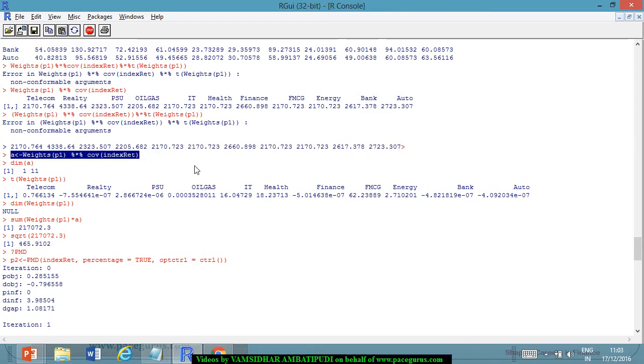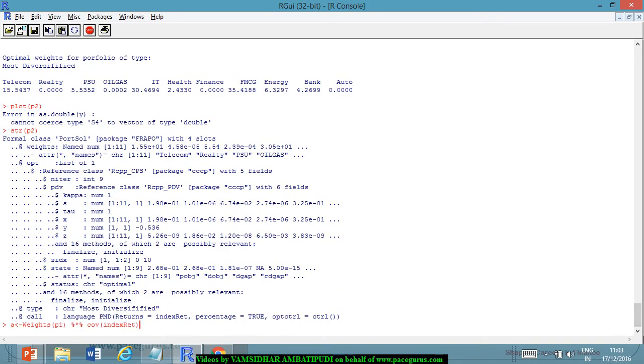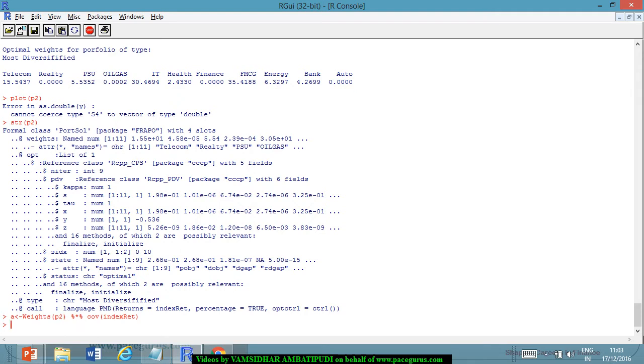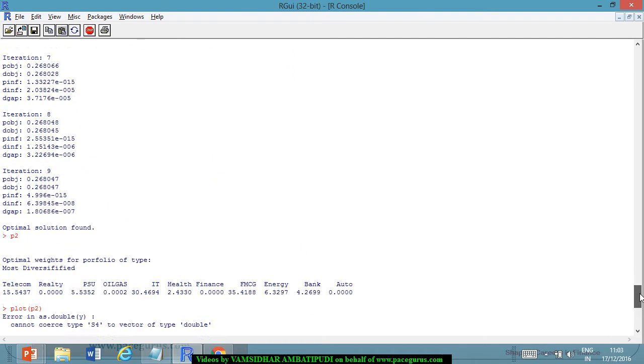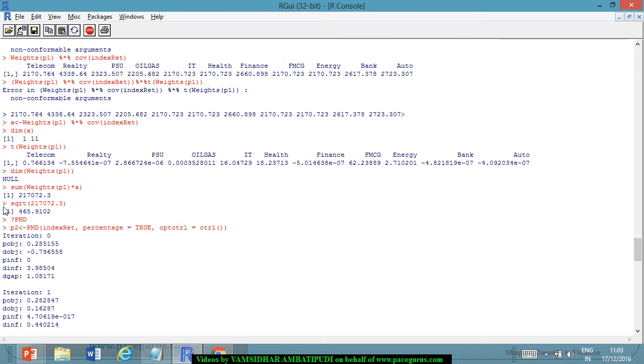We'll take A, which is the weights multiplied by the covariance of the index returns. So A is working out to be this much, and I have taken the summation of the weights of P2 multiplied by A.